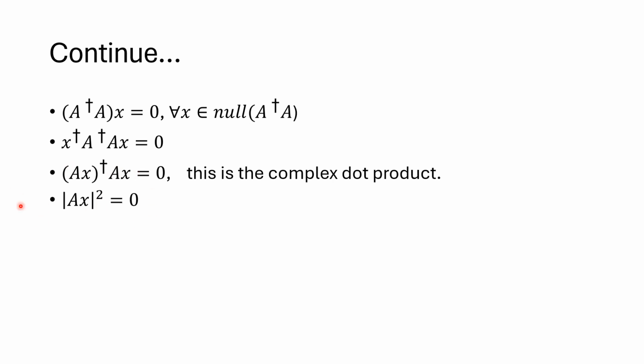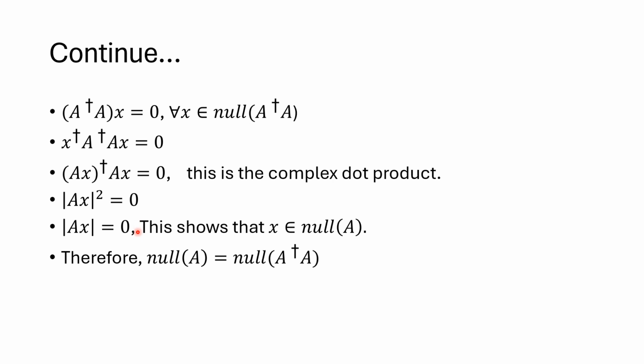And so I can simply write it like this, where I have the magnitude of the vector Ax squared. And if I take the square root of both sides, I get something like this, all right? And the only way this magnitude can be 0 is if the vector Ax is the 0 vector. And the only way Ax is going to be the 0 vector is if x belongs to the null space of A. Therefore, the null space of A is equal to the null space of A transpose A.